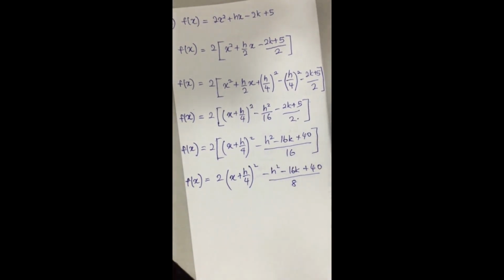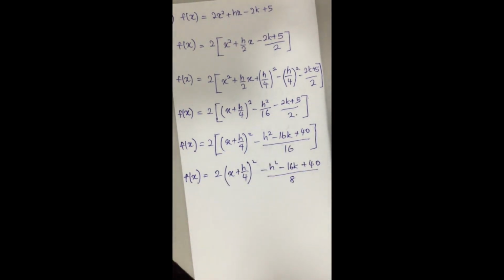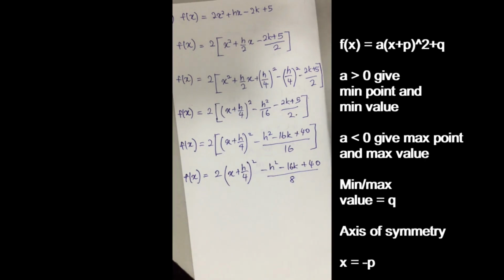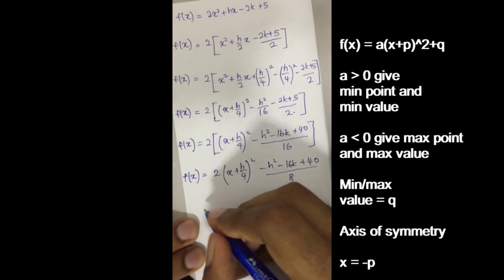However, the first step we need to do is compare the axis of symmetry given by the question to the axis of symmetry that we obtained from this equation. The axis of symmetry given by the question is x equals negative 1 over 4. So how do we find the axis of symmetry? Very simple.